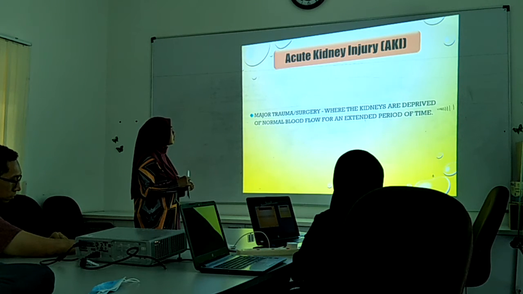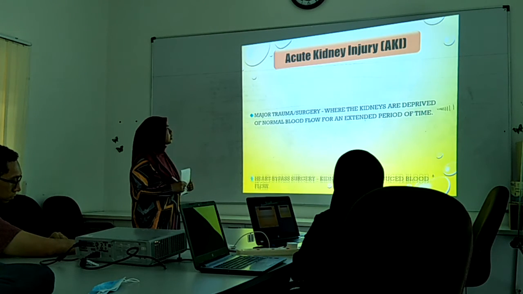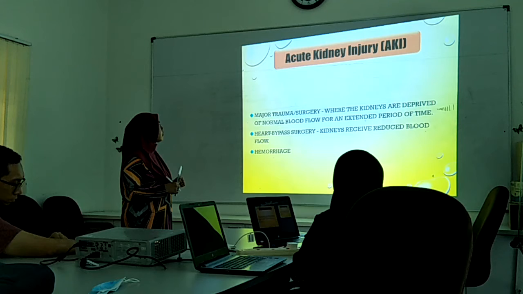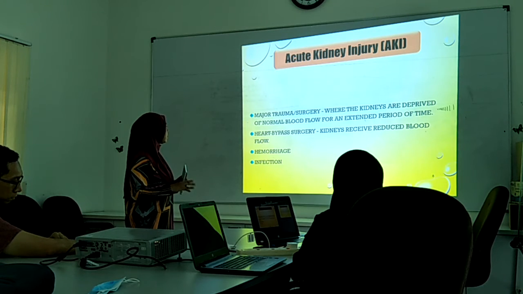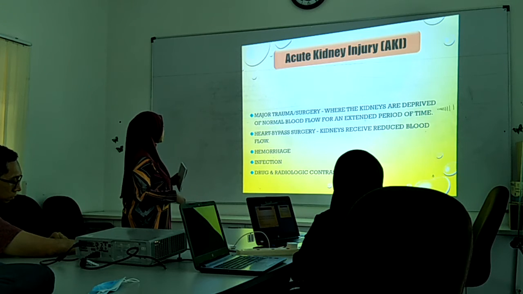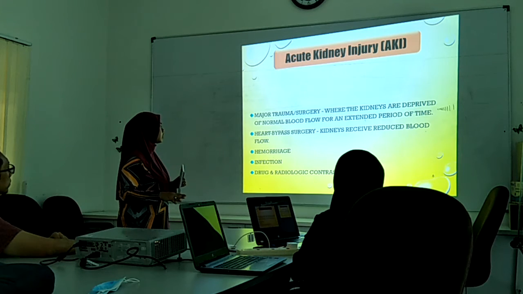Next, causes include major trauma surgery, where the kidneys are deprived of normal blood flow for an extended period of time, heart bypass surgery, where the kidney receives reduced blood flow, hemorrhage, massive blood loss, infection, drugs, and radiologic contrast media.